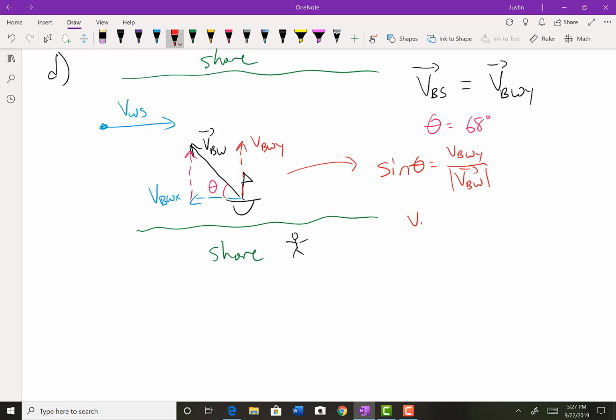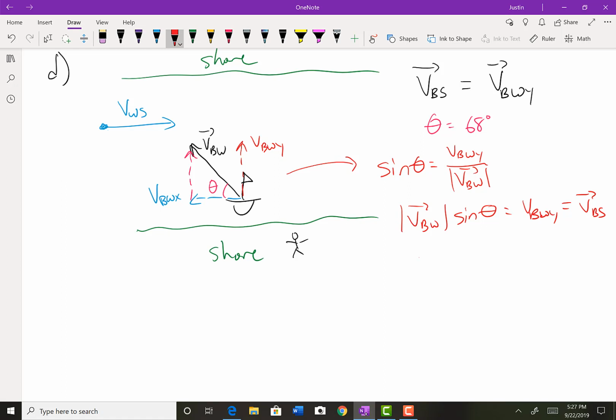So that means the magnitude of the velocity of the boat with respect to the water, multiplied by sine of my angle, gives me VBWY, which is basically the velocity of the boat with respect to the shore.